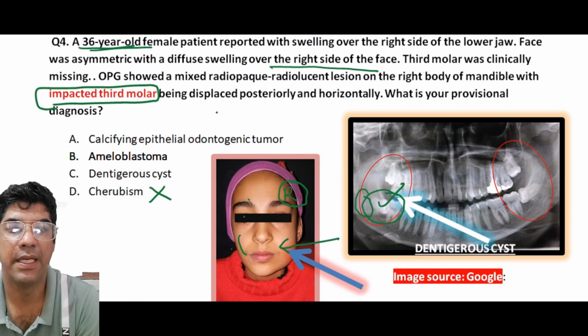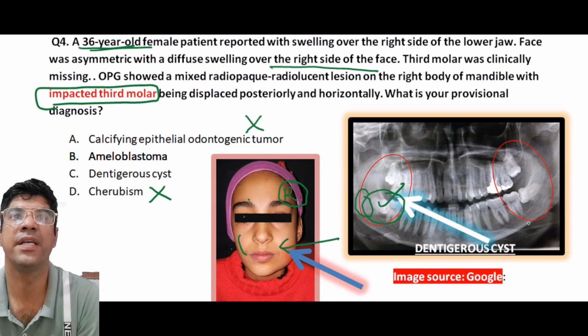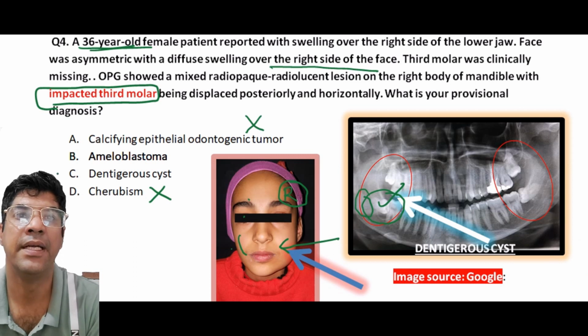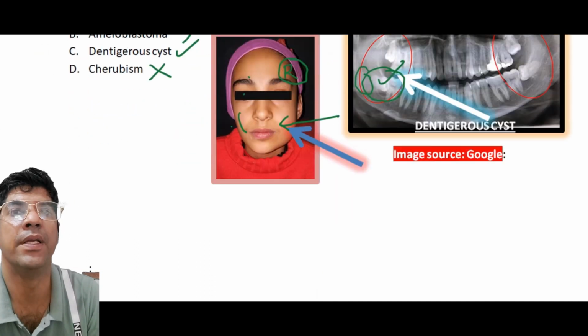CEOT involves the anterior region of the jaw and does not typically displace the third molar, so that is also not the answer. Your answer here is the dentigerous cyst. Remember, dentigerous cysts frequently involve the impacted third molar.